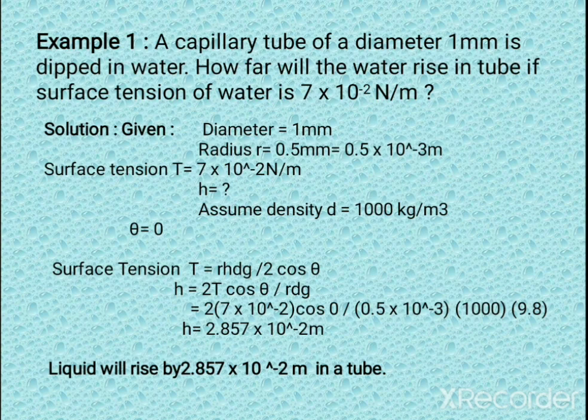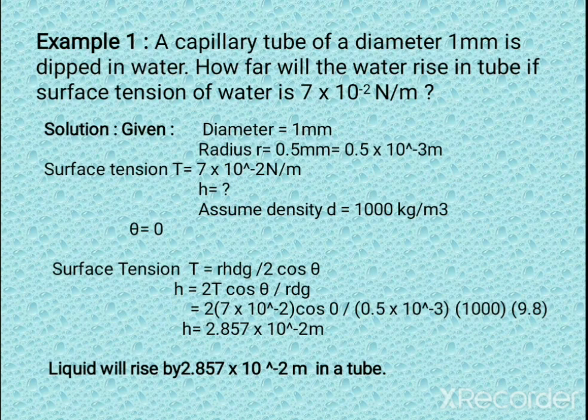Now we will solve some examples related to the capillary rise method. The first example: a capillary tube of diameter 1 mm is dipped in water. How far will the water rise in the tube if the surface tension of water is 7 into 10 raised to minus 2 Newton per meter? See, in the example what we have given: diameter is given, that is 1 mm.